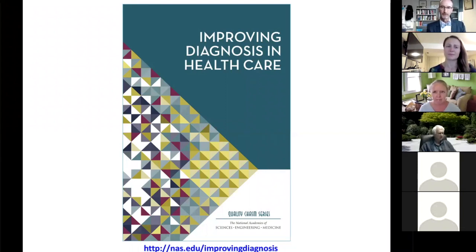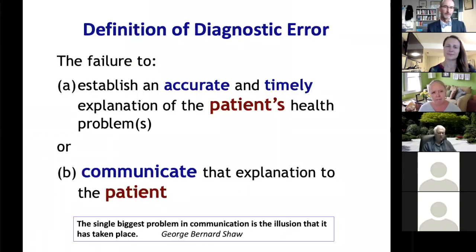And I did want to start with this report from the National Academy of Medicine. For those of you that are not aware of it, it's a really important document that provides a wonderful foundation on this topic of improving diagnosis. Next slide. And one of the things that they did in that report is to come up with a somewhat new definition of diagnostic error. And so it has two parts.